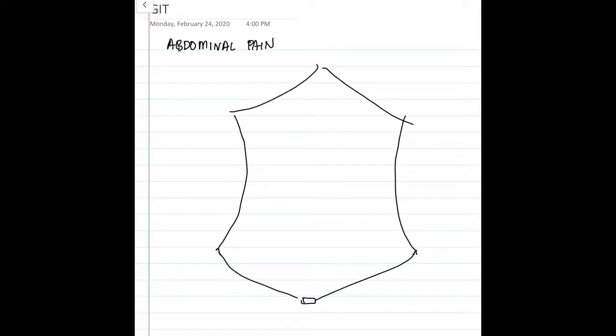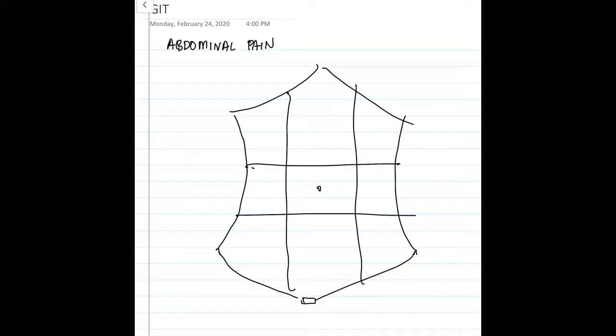Okay, the quadrants of the abdomen. Let's first remember upper abdominal pain. And for upper abdominal pain, this is going to be the diagram. If you're wondering what this is, guys, this is the heart.